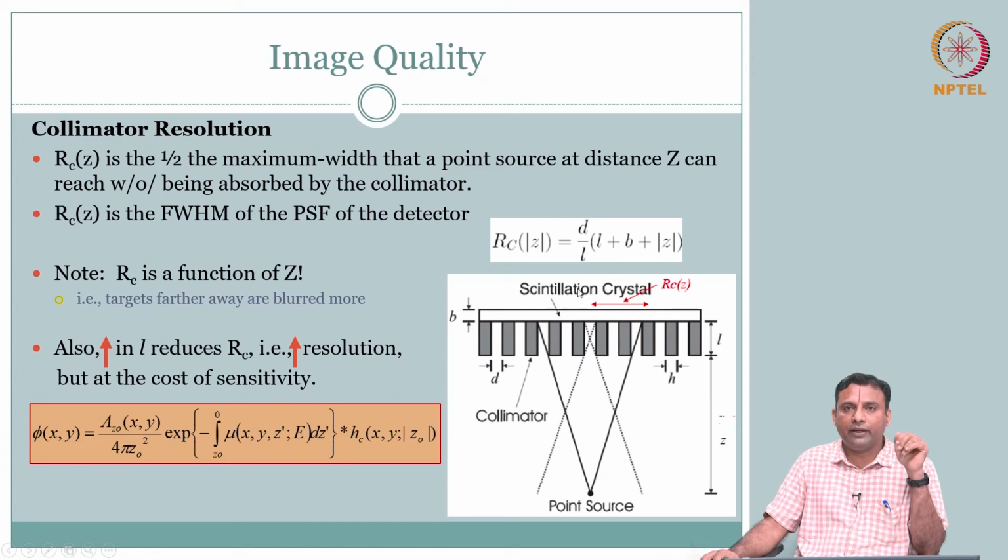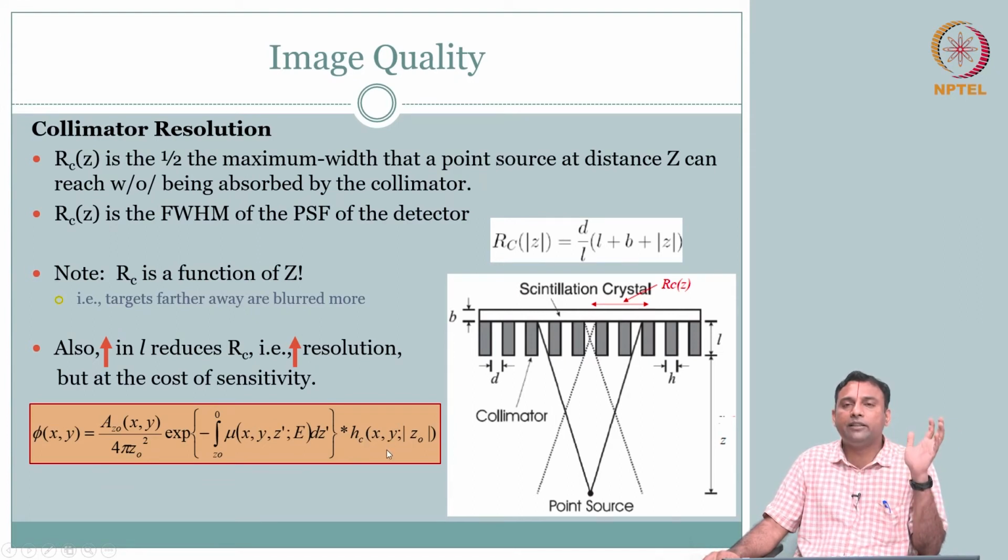Okay, all this is fine, we understand. Your linear systems theory we did. You had the imaging equation. Now you convolve that with the point spread function of your collimator. Hc is your system response of the collimator, C is collimator, and it is x comma y.